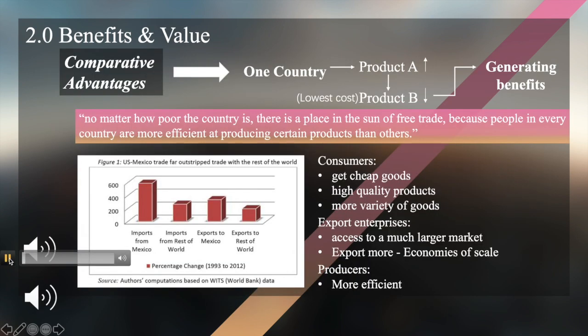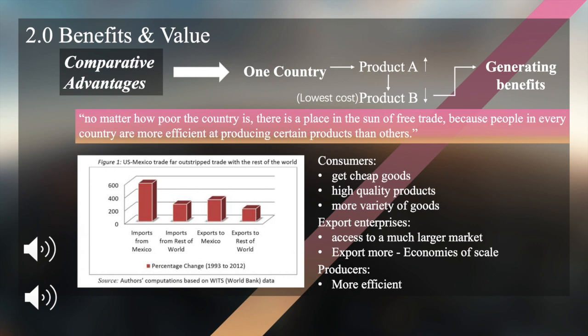Let's turn to the benefits of liberalization. I'd like to introduce a new concept called comparative advantage. Simply put, when a country's production of product A decreases, it will increase the production of product B, and the production of product B must be the least costly.